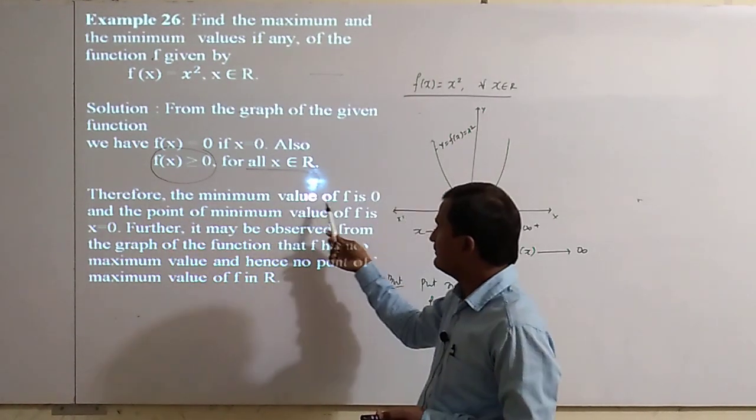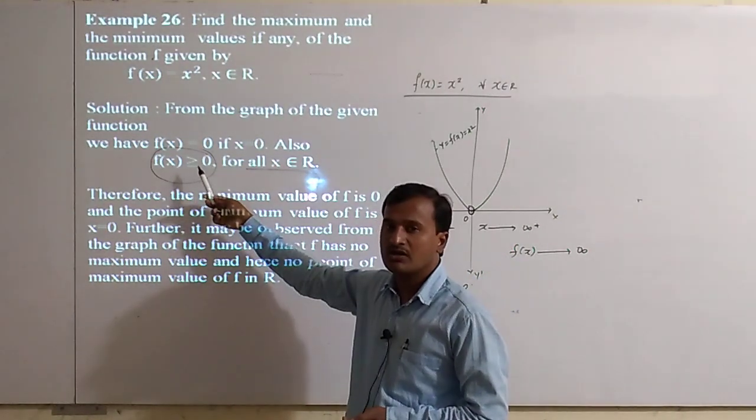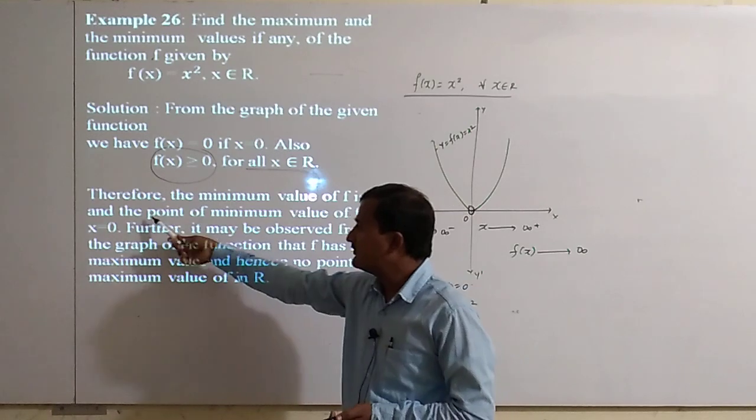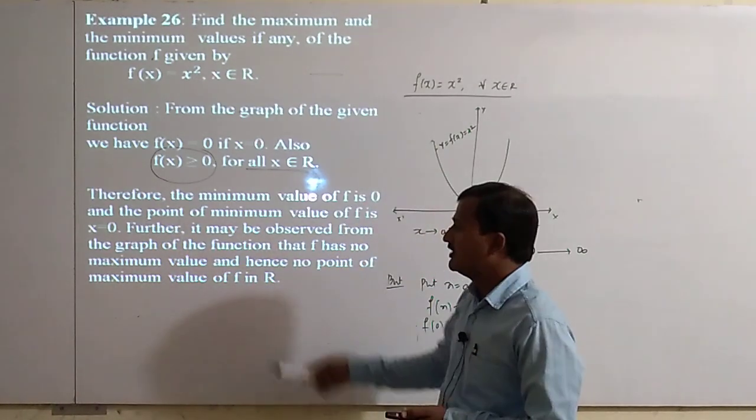The same is written here. Therefore, the minimum value of f is 0, because it starts from 0 and there is no end, and the point of minimum value of f is x equal to 0.